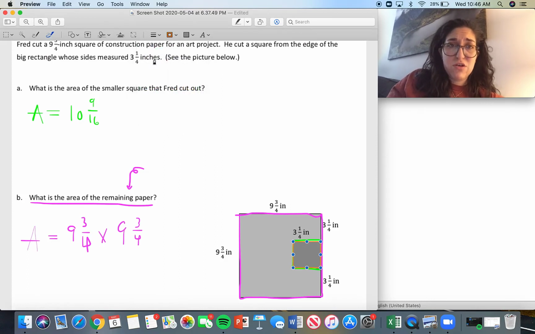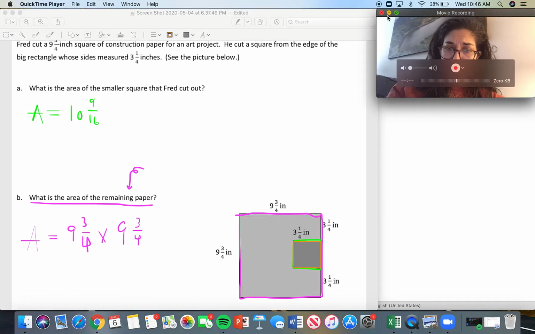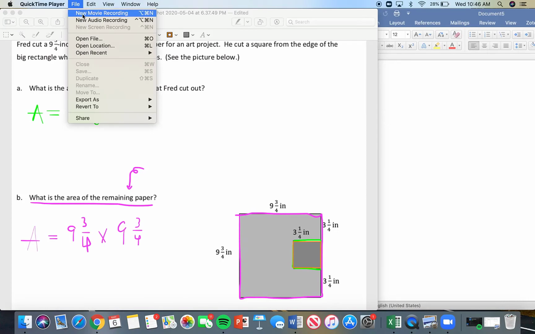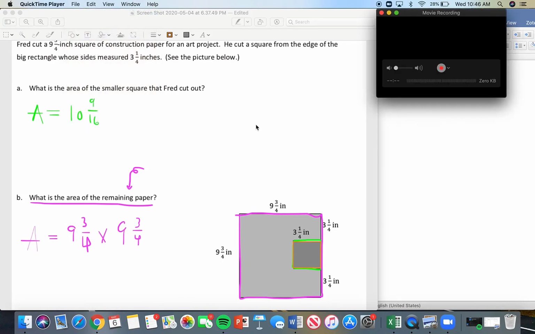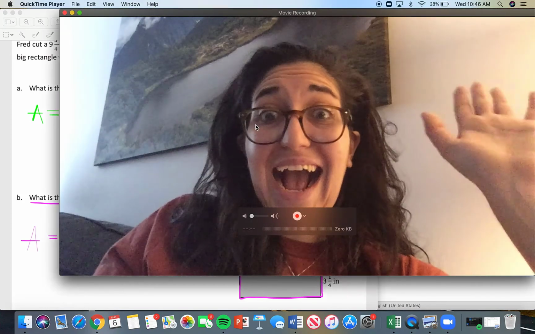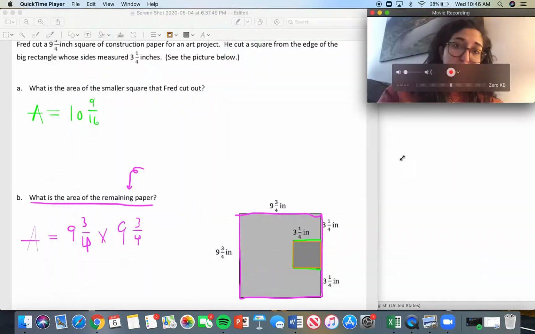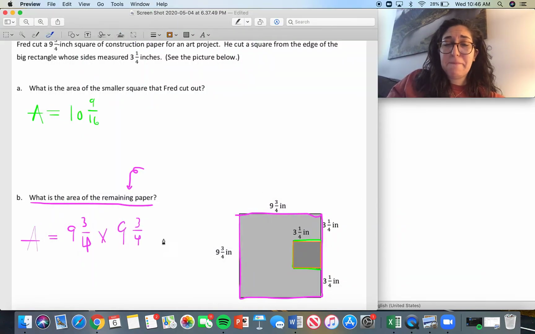Let's sort of color it like this. If I needed to find this, could I take away, and I noticed that this is frozen, so give me a moment. We're back. All right. Could I take away the green square? If I took this away, would I be able to find the area of this?